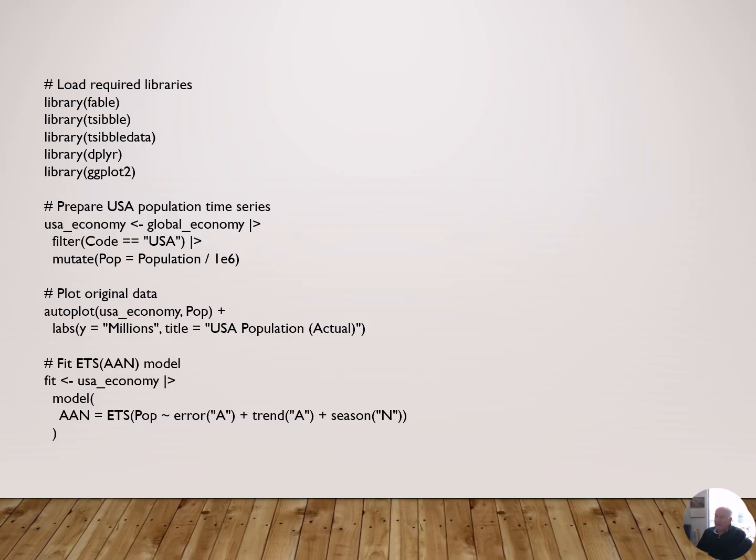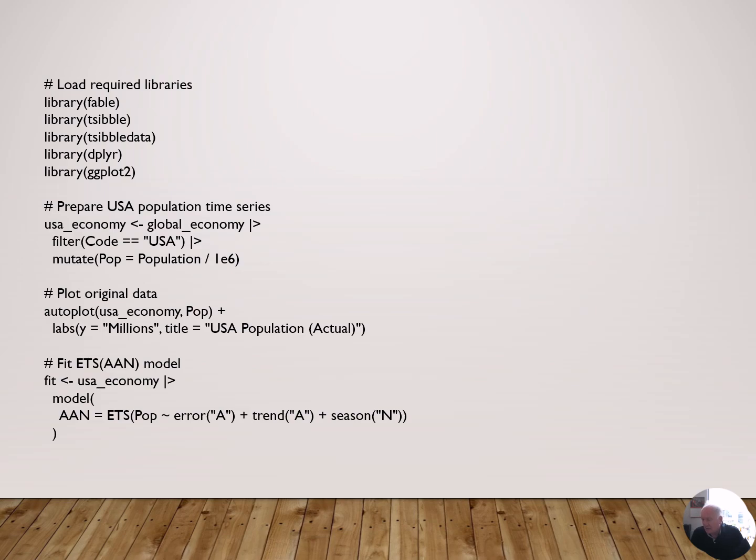So then we'll go ahead and autoplot the US economy population, and the y-axis is in millions, our US population. And then we'll go ahead and fit an ETS model to it. Once again, we're going to use AAN.